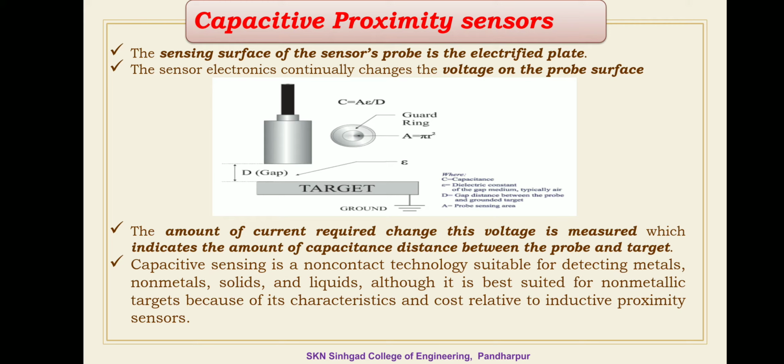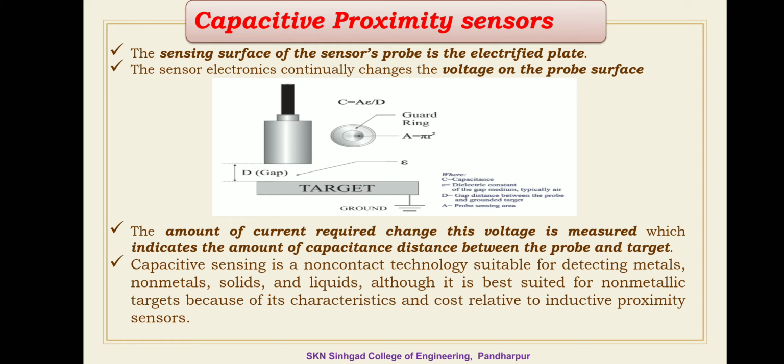You can directly find the capacitance by using this formula: C = A ε / D, where C is the capacitance, ε is the dielectric constant of the gap medium, capital D is the gap distance between the probe and the ground target, and capital A is the probe sensing area.